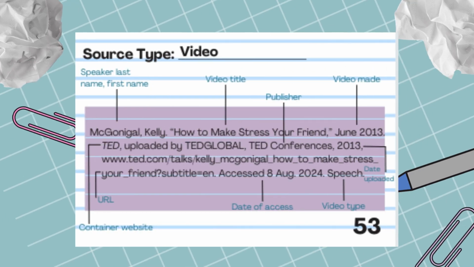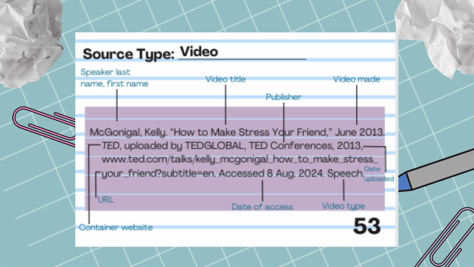And then we have videos. There are different citations for videos, movies, and other digital media. To find these variations, you can also look at Purdue or Noodle Tools. The formatting for the video citation is last name, first name or username, title of video, platform, uploaded by username, date of upload, and the URL.